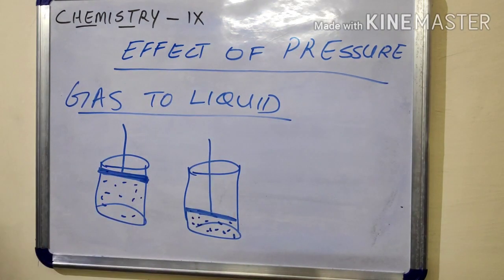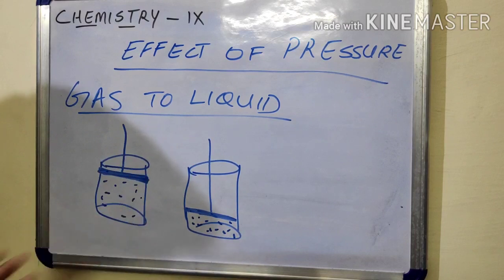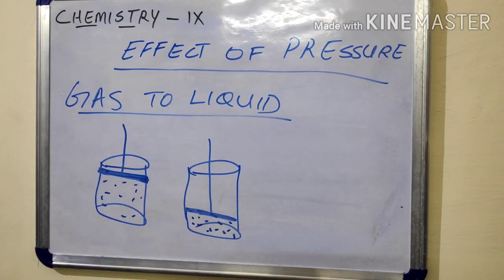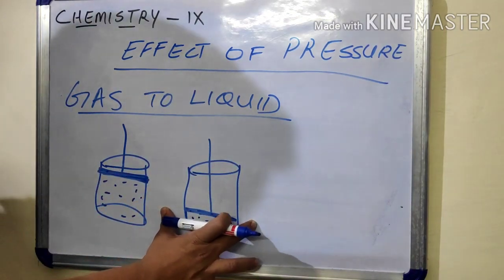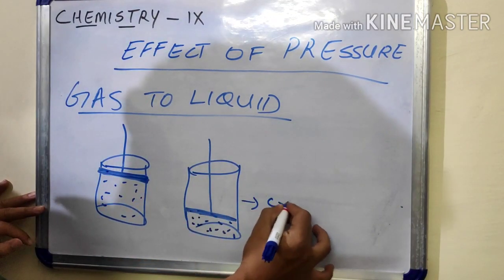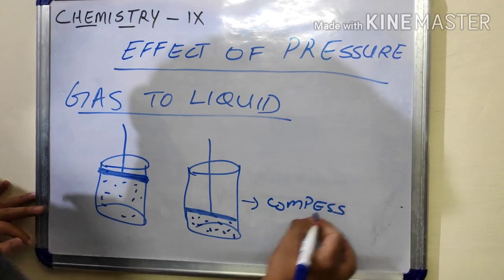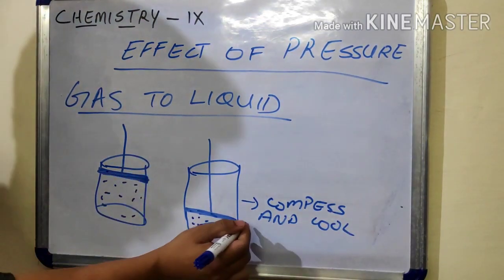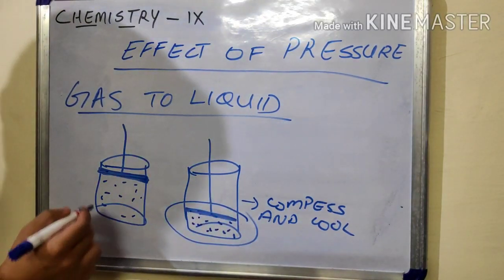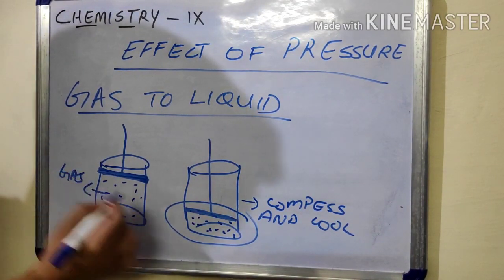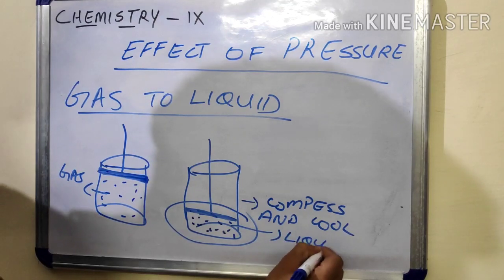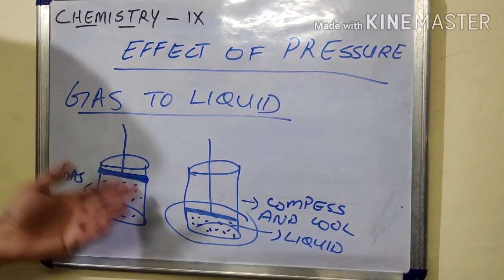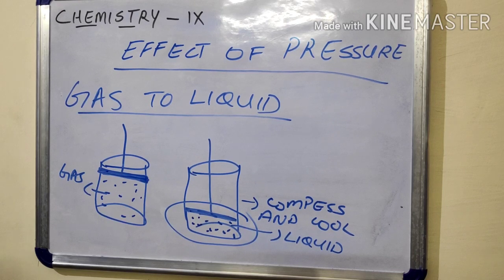So here what is happening is they are completely compressed. Okay, so compressed, and then if you even cool it a little bit, okay, after compress, draw this, compress and cool. What happens is this liquefies and this changes into a liquid. Okay, so now the gas has been liquefied.